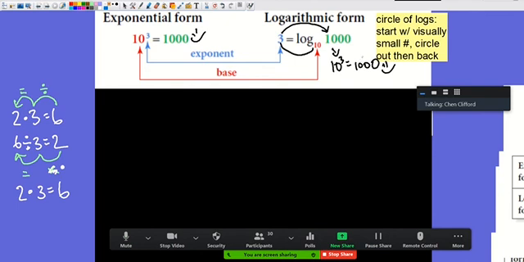Let's say you put the 10 here, and you put the 3 there. Now let's do a check. Start with the visually small number, which is 3, circle out to the 10 and back. Then you get 3 to the power of 10 equals 1,000.